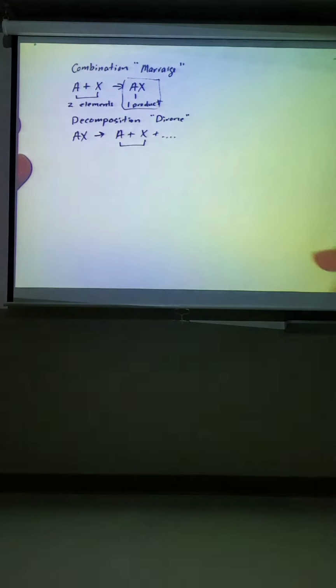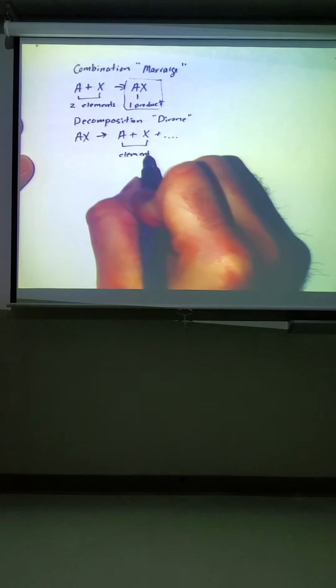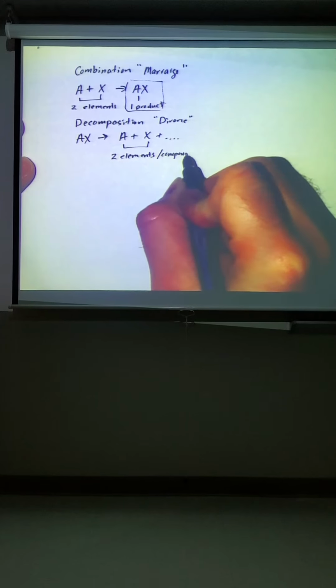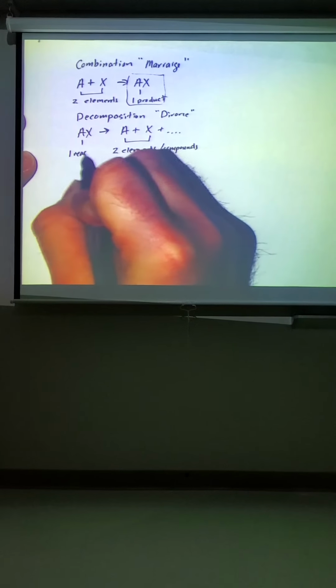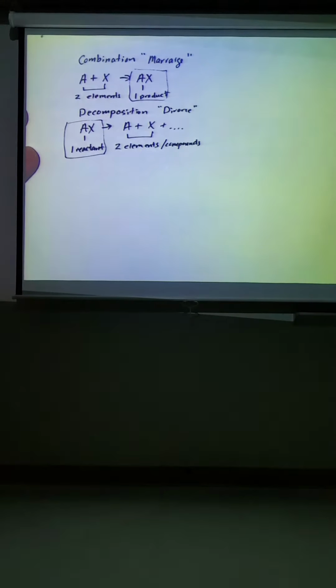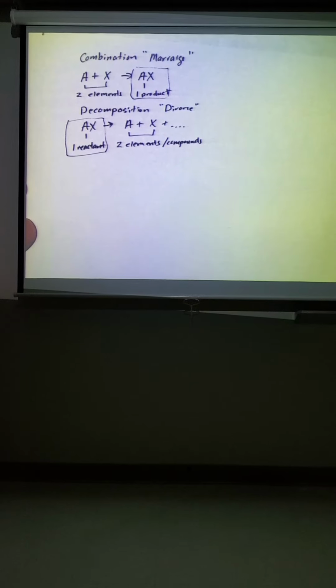But what's most important here is these could be elements or compounds, depending, but there's at least 2. And notice what we started with was only one reactant. That's really the clue that we need in order to recognize the decomposition: it's only going to have one thing in front of the arrow, only one reactant.